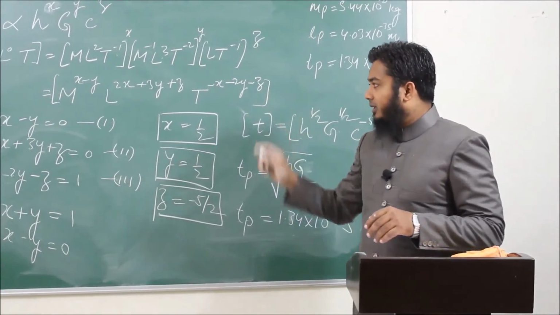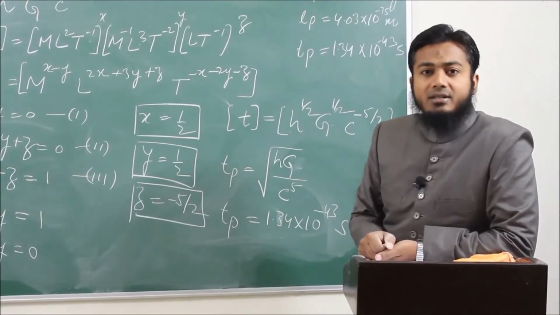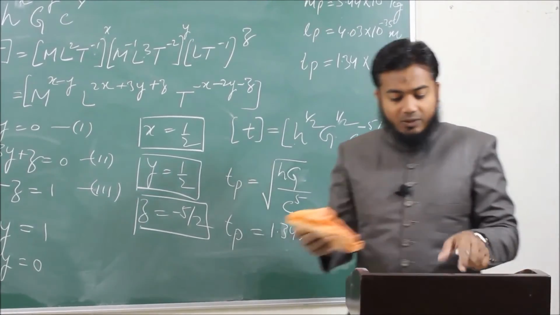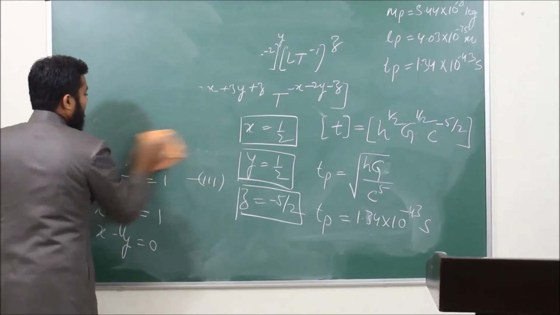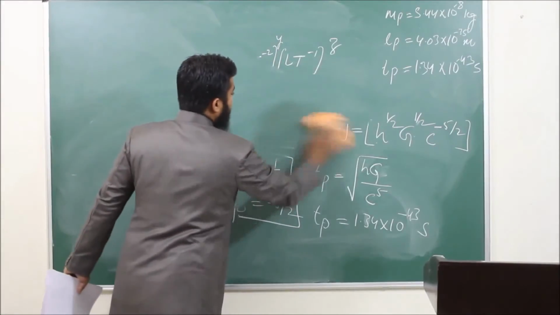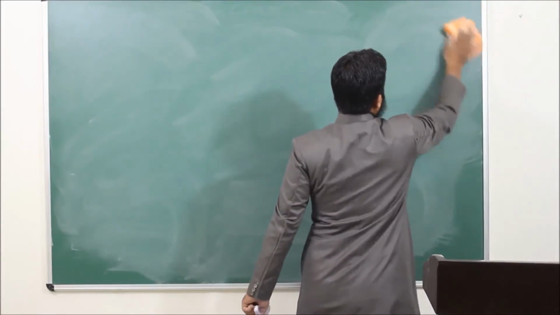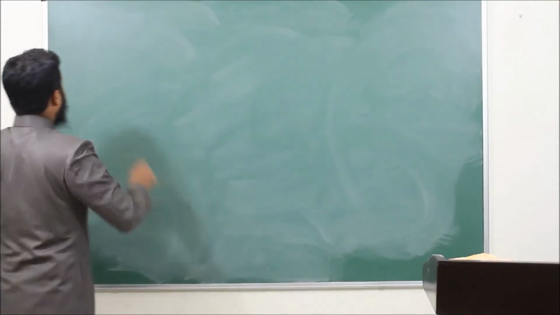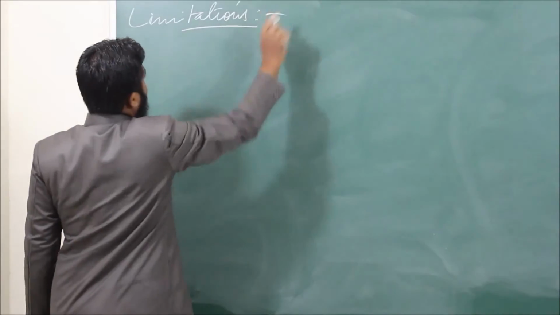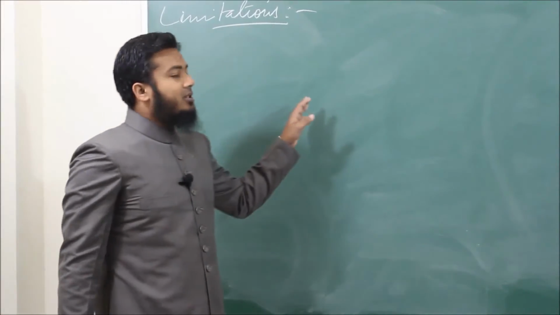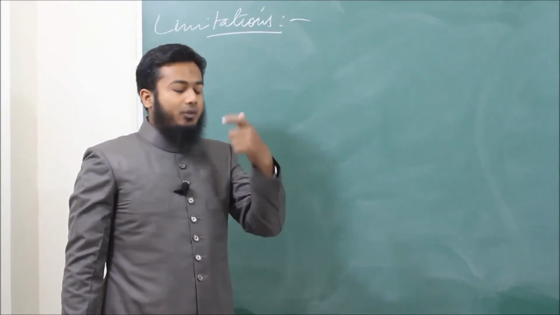Now, along the way, you have seen that this dimensional analysis has some limitations. So let's write down the limitations of dimensional analysis. One of the limitations is that we are not able to find the value of the proportionality constant.